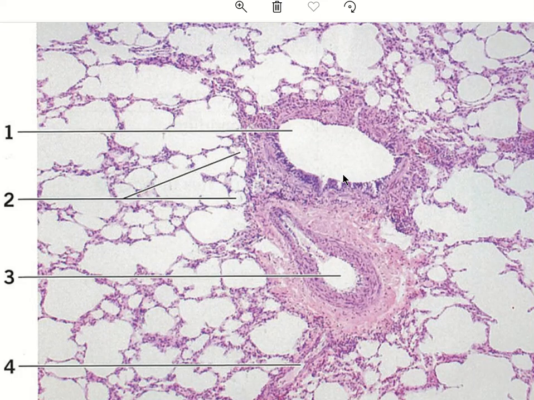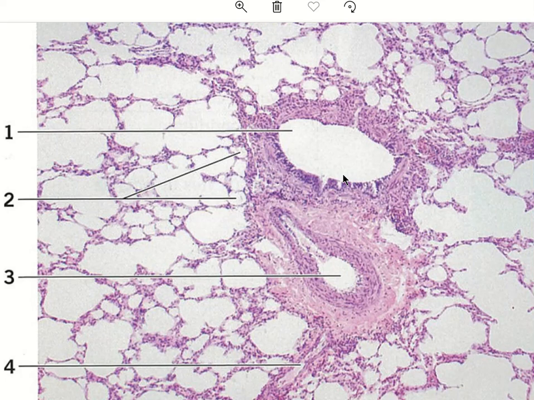Respiratory bronchioles are the beginning of your respiratory zone. So terminal, terminate the conducting, respiratory begins your respiratory zone. And bronchioles, by definition, have no cartilage. They have no cartilage. And they're less than 1 millimeter in diameter.